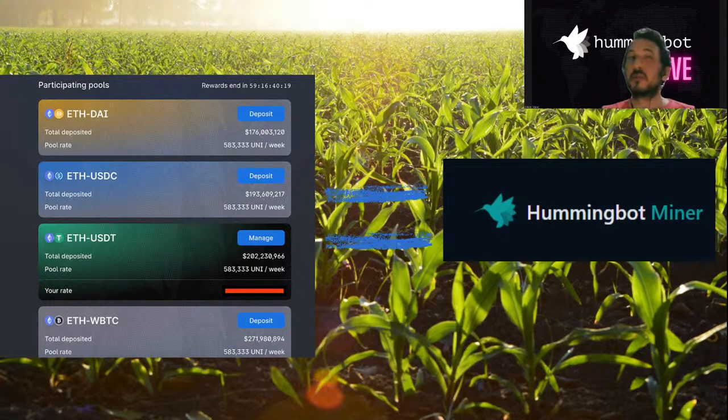The most important thing you should ask before adding liquidity to the pool, receiving the rewards, or starting a market making bot that receives rewards from bot miner is: is my strategy good enough to be profitable without the rewards?